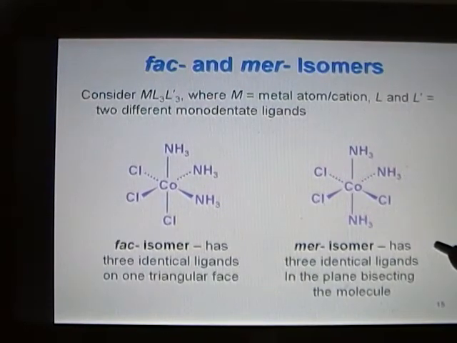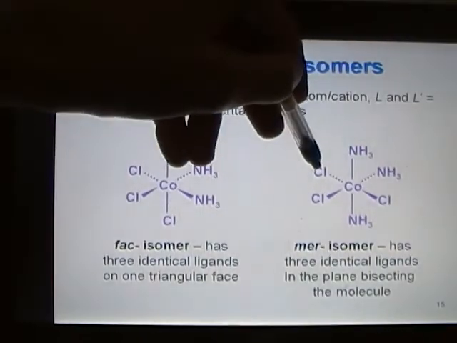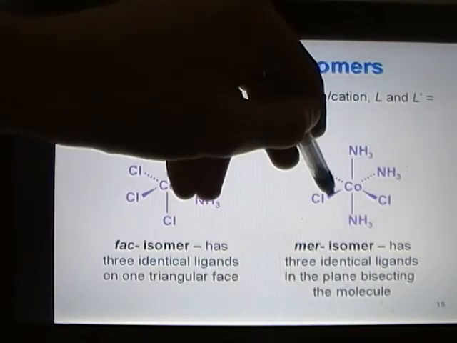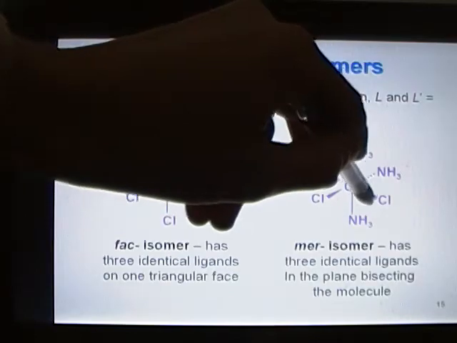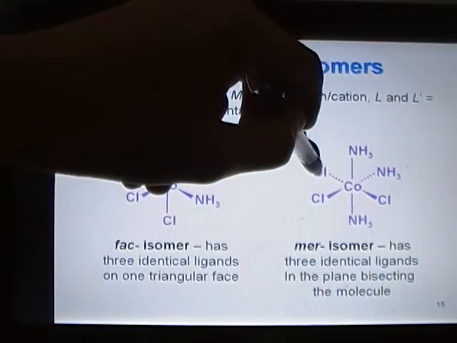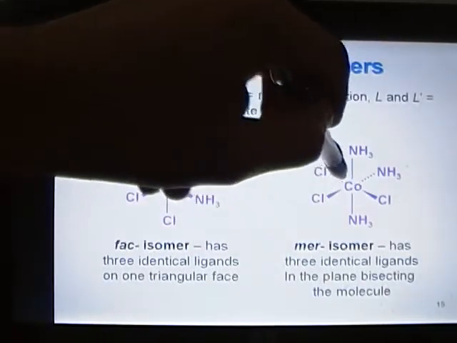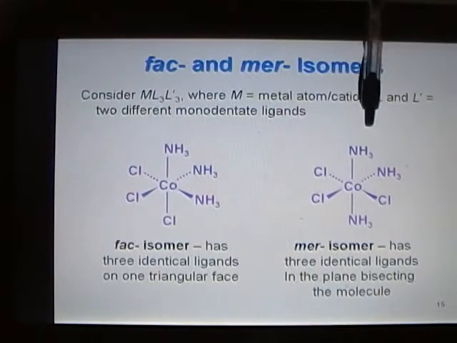The mer isomer. This is where you have Cl and Cl 90 degrees from one another, Cl and Cl 90 degrees from one another, but the third chlorine-chlorine interaction, they're 180 degrees from one another. You can see that with NH3 as well.